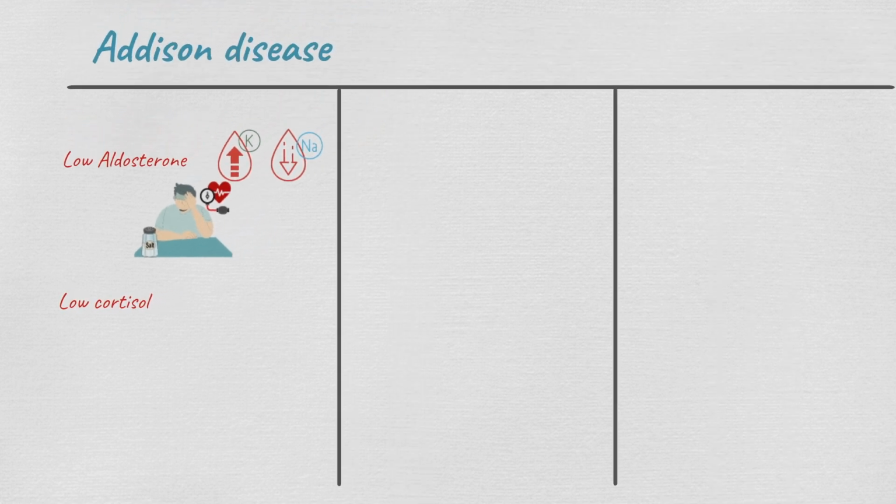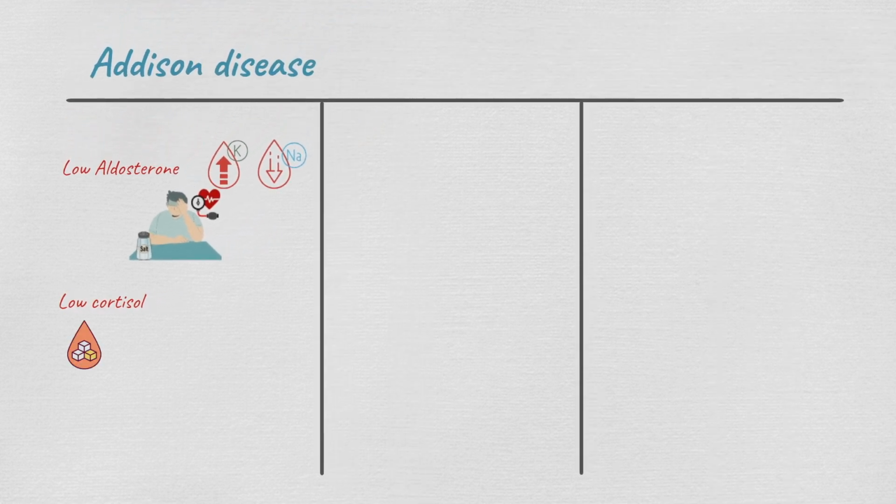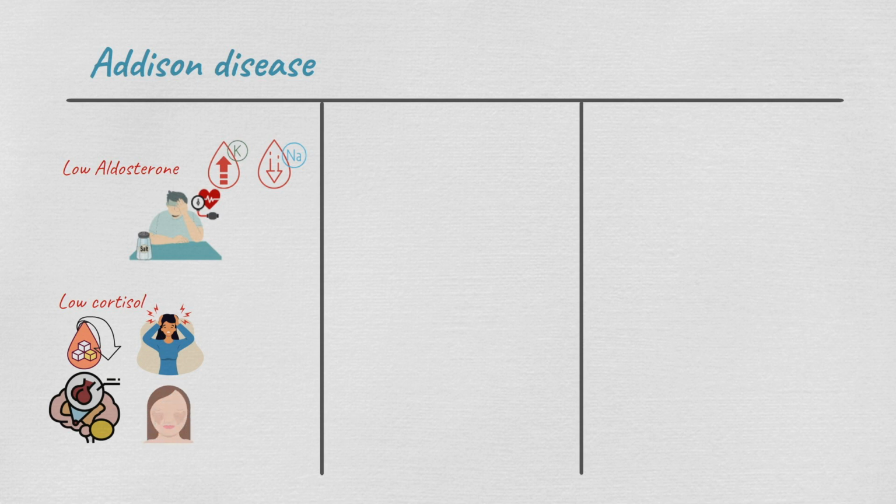For the low cortisol, it will result in low glucose levels, so the patient will be disoriented and feel tired all the time, and the low cortisol makes the pituitary gland more active, promoting melanocyte-stimulating hormone, which will result in hyperpigmentation for patients.